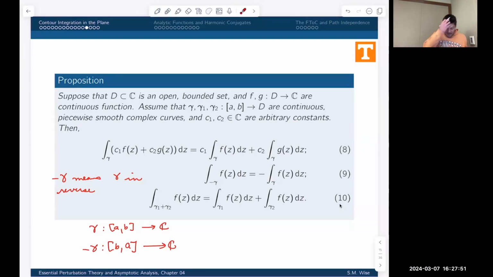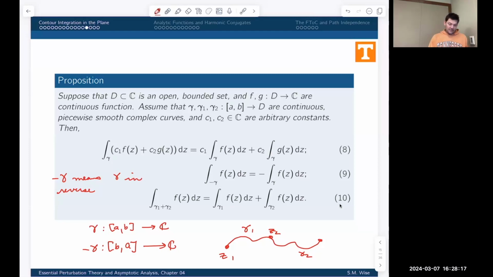And if I integrate over the sum of two contours, what this means is if I have a contour which runs from z1 to z2, and then another contour which goes on to z3, we can call these gamma 1 and gamma 2, then the sum contour just means running them both one right after another.